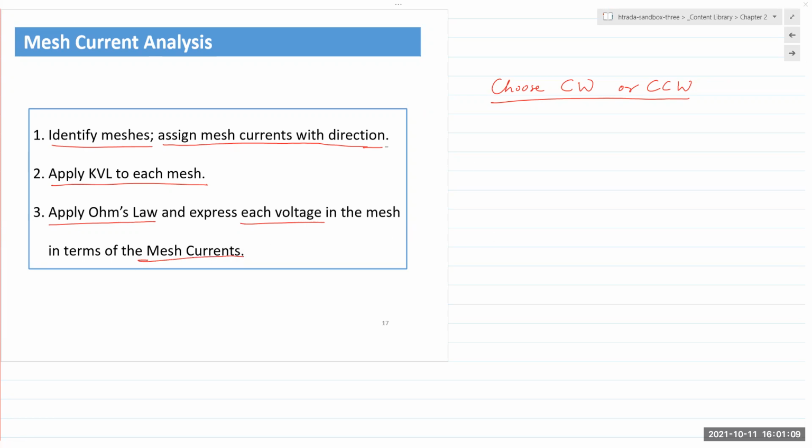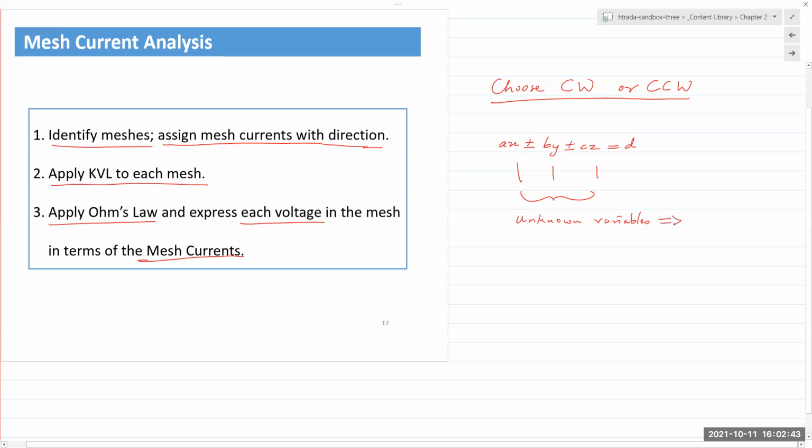And then once you have each voltage in terms of the mesh currents, you can reduce the equations in the form of AX plus or minus BY plus or minus CZ is equal to D, where X, Y, and Z are your unknown variables, or your mesh currents. And once you solve for your mesh currents, you can then solve for any voltage or any current in the circuit.